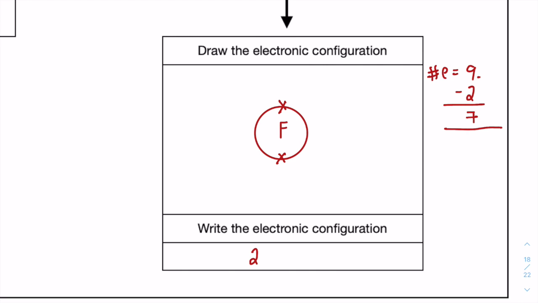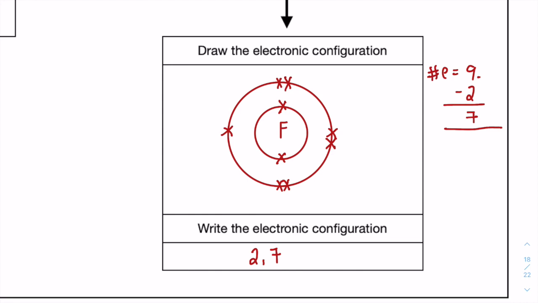They can't squeeze into the first electron shell, so we will need to have a second electron shell. In this electron shell, we can hold a maximum of 8. So all the 7 electrons can just happily squeeze here. Okay, so in the second electron shell, there are 7 electrons.